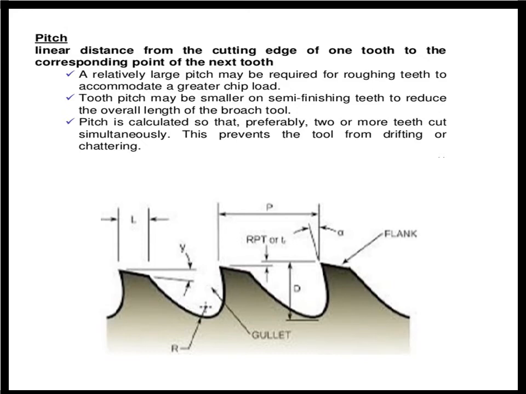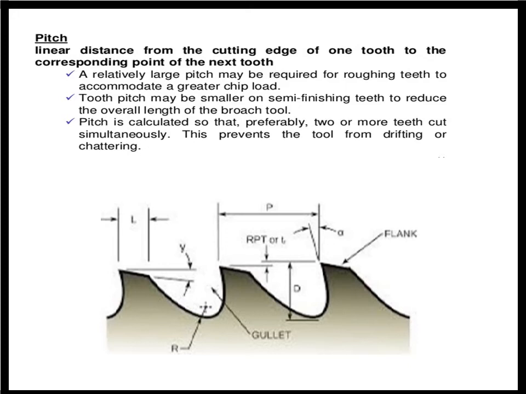Now the pitch is the linear distance from a point or a cutting edge of one tooth to the corresponding point or the corresponding cutting edge of the next tooth. A relatively larger pitch is always required for roughing teeth to accommodate a greater chip load.